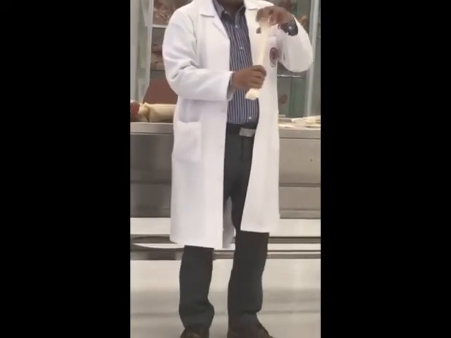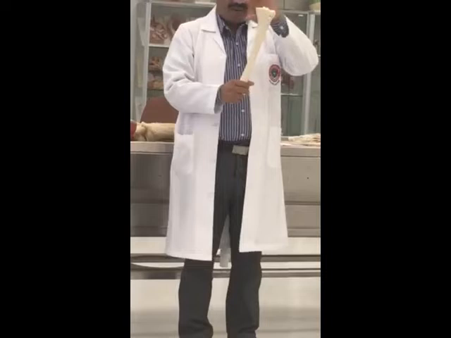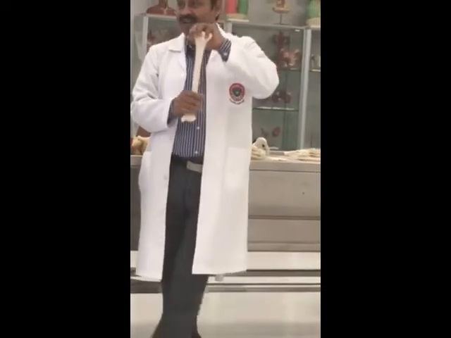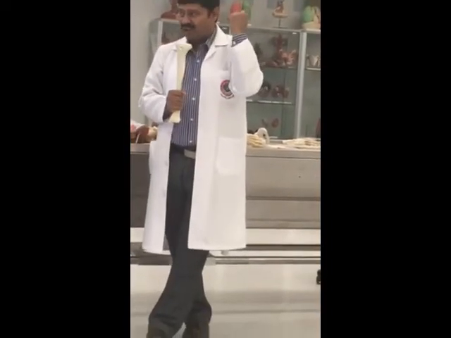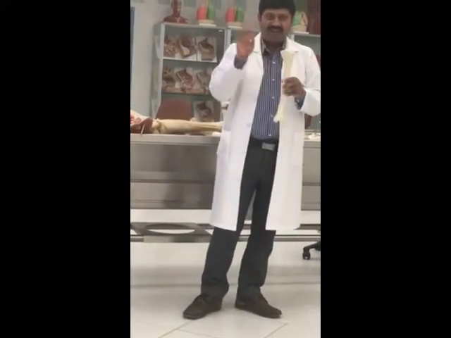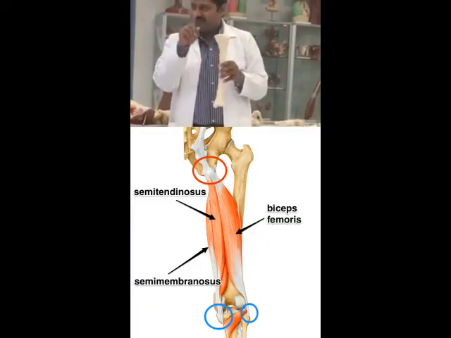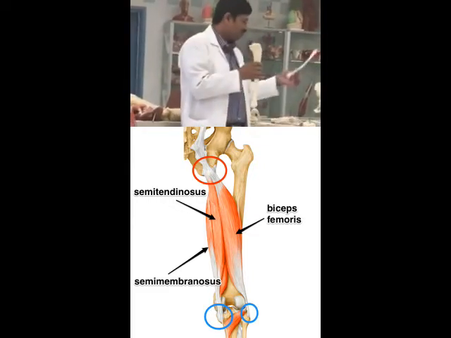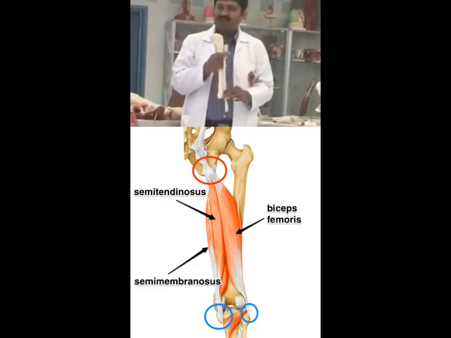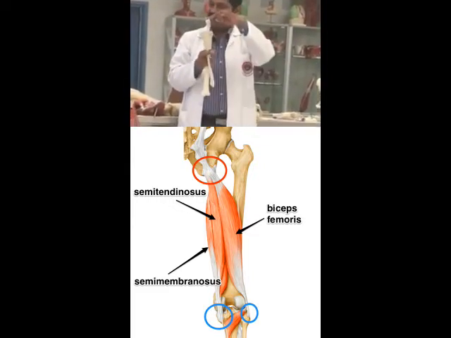Clear? So this is what is in the upper end. Apart from this, the upper end will receive the attachment of some muscles from the thigh also, isn't it? Apart from the patellar tendon. Like I told you for the upper limb, that triceps goes to ulna and biceps goes to radius, isn't it? Same you can remember in the lower limb, that biceps goes to the fibula. Okay, so biceps femoris goes to the fibula, fibular head.